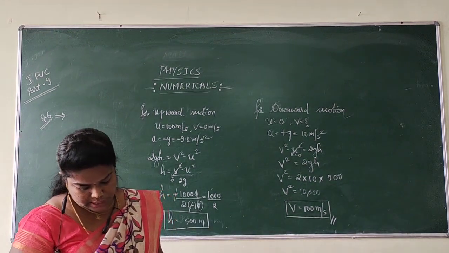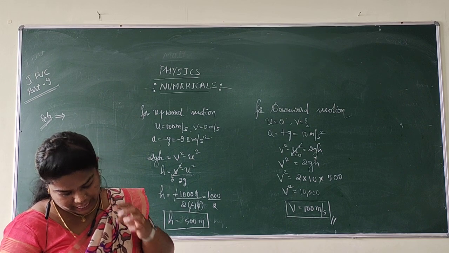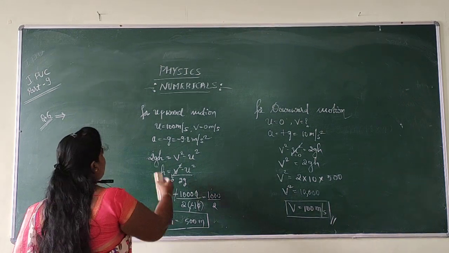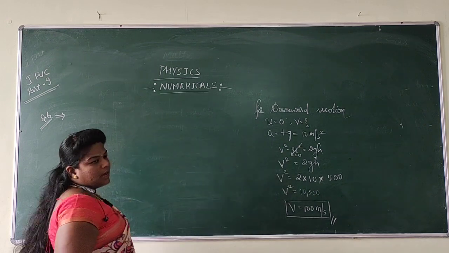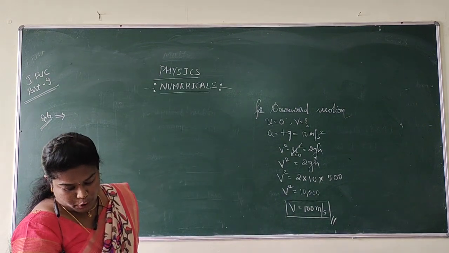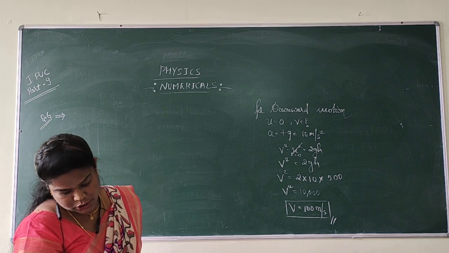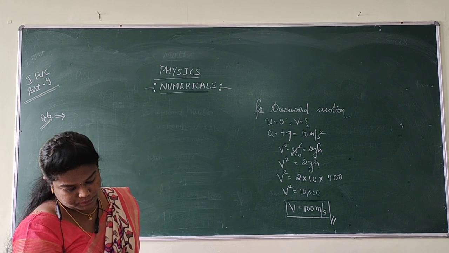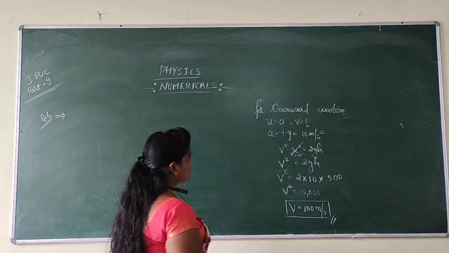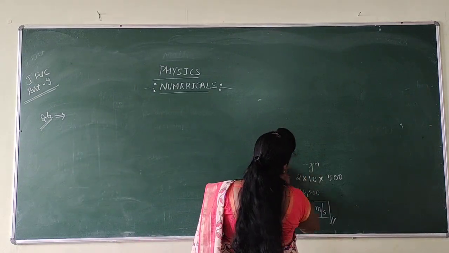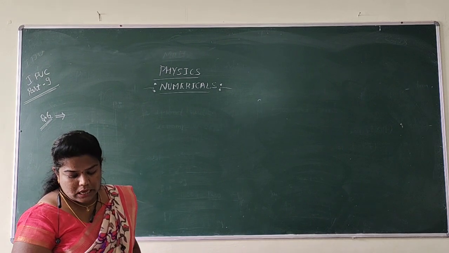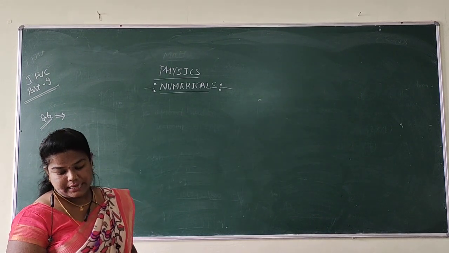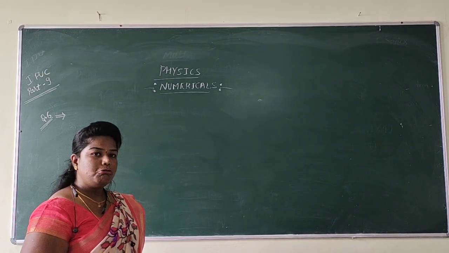A car is moving along a straight highway with a speed of 126 km per hour. It is brought to a stop within a distance of 200 meters. What is the retardation of the car, and how long does it take for the car to stop?